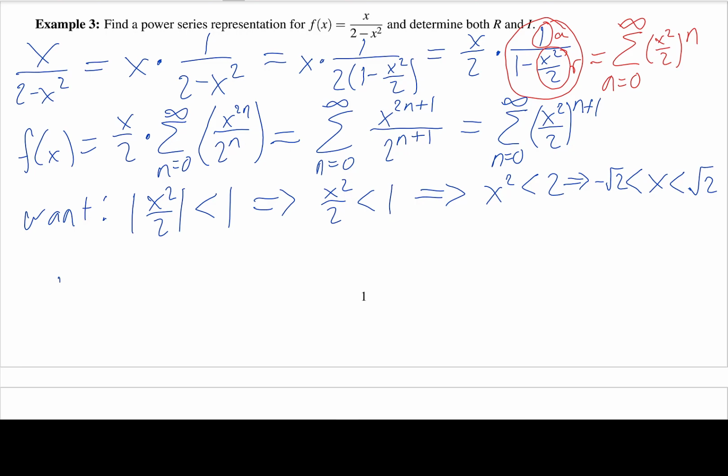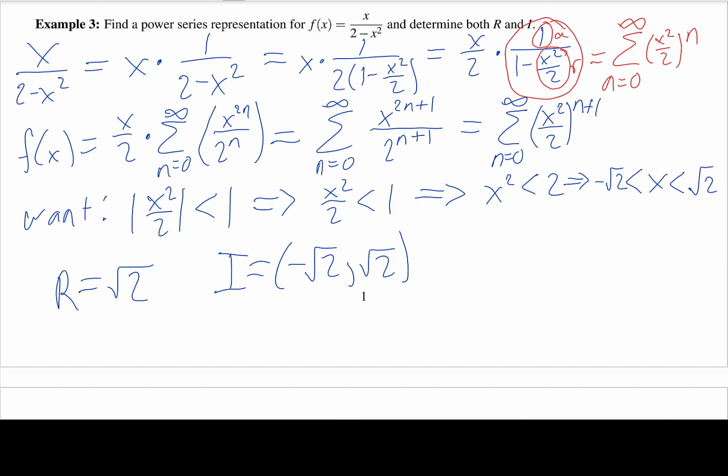So that tells me that my radius of convergence is going to be square root 2, and that the interval of convergence will be negative square root 2 to square root 2. So this is why geometric series are nice, because we don't have to go back and test these endpoints every single time to see if something different's happening.